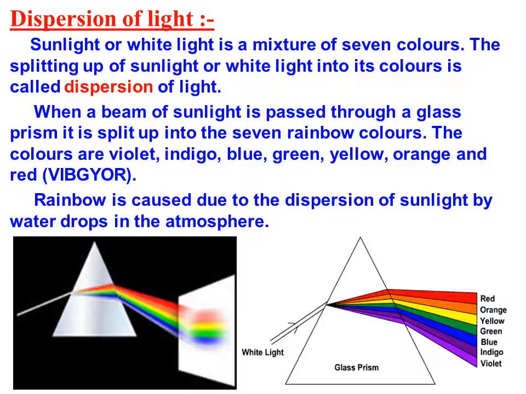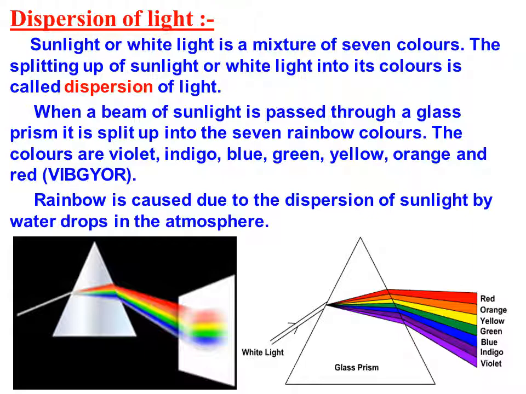A simple example we can give is a rainbow. A rainbow is mostly seen during rainfall, a light rainfall. So at that time what happens? The light of the sun, when it falls on the droplets of water, disperses into 7 colors.